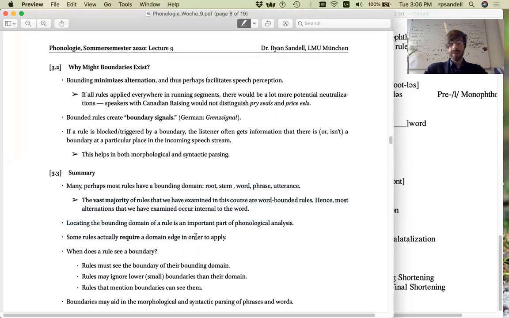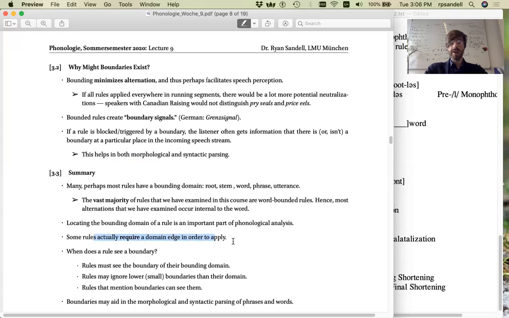But that doesn't change the fact that actually determining what the bounding domain of a rule is an important part of phonological analysis.